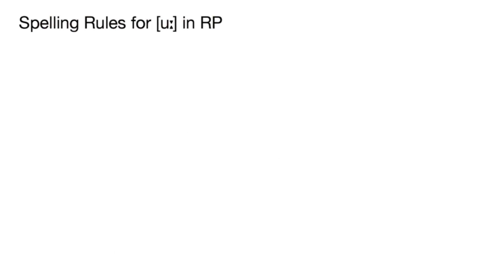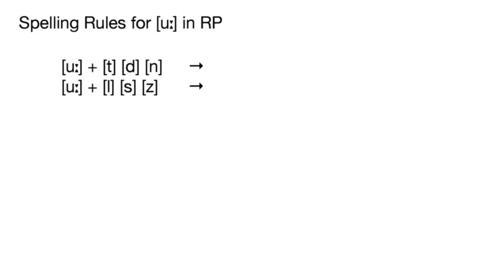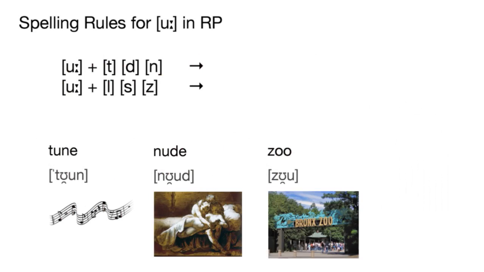Now, before moving on, I'll throw in a couple of spelling rules that relate to this vowel. In American English, if you had an alveolar consonant like T, D, N, L, S, and Z, followed by an oo sound, then you got oo as in tune, nude, and zoo. Nothing special. In RP, you'll stick in a y sound after T, D, and N. So it's tune and nude.